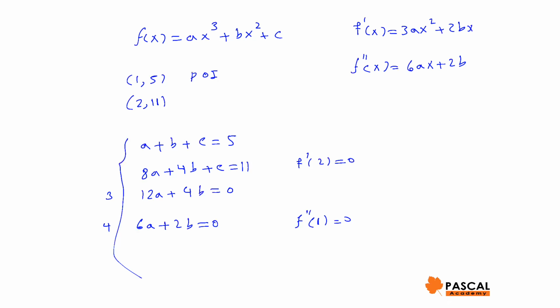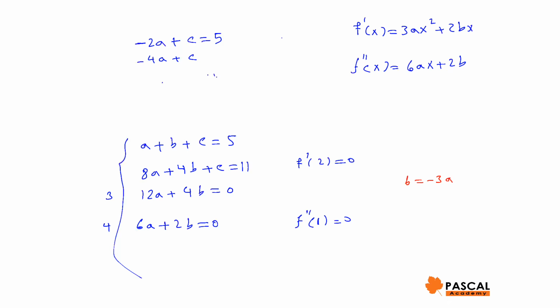From the third equation, we have b equals minus 3a. And if we substitute it in the first and second equation, we have a plus b, which is minus 2a, plus c equals 5, and minus 4a plus c equals 11.